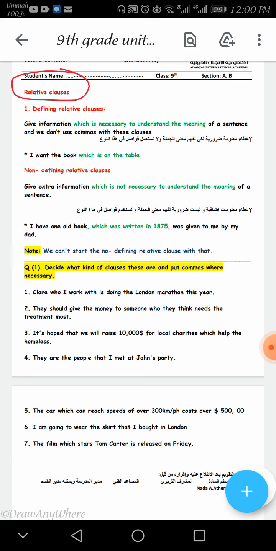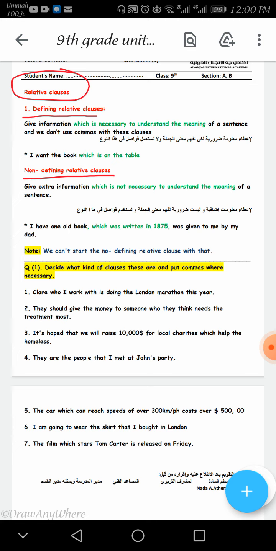So, a relative clause has two types: either defining relative clause or non-defining relative clause. Now, we're going to know more about defining relative clause.